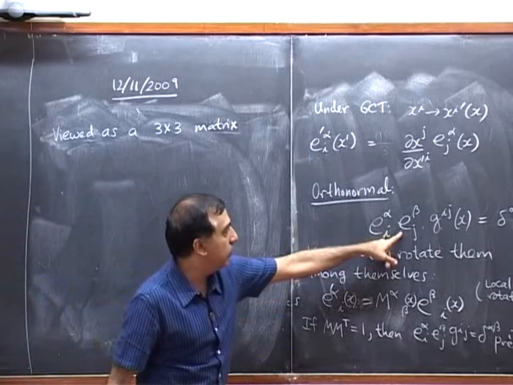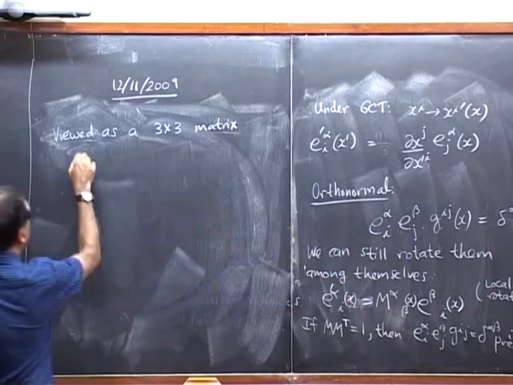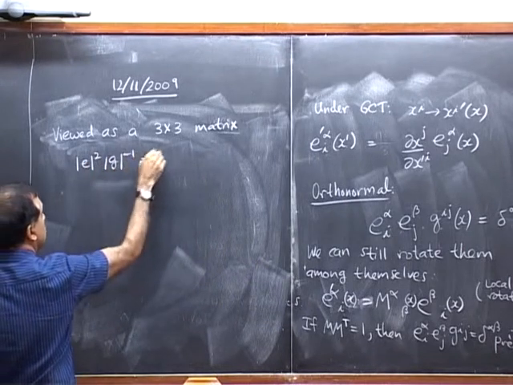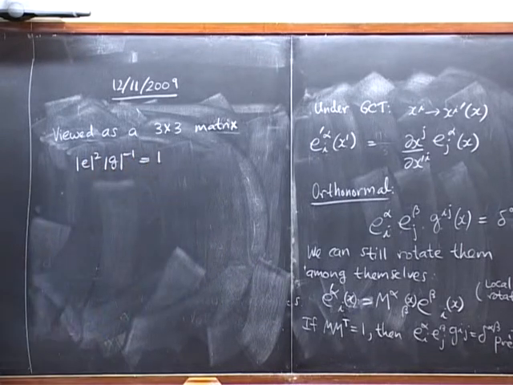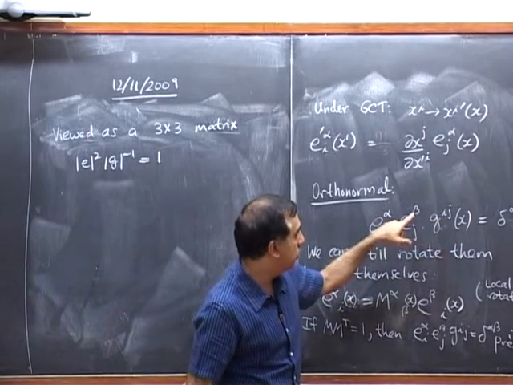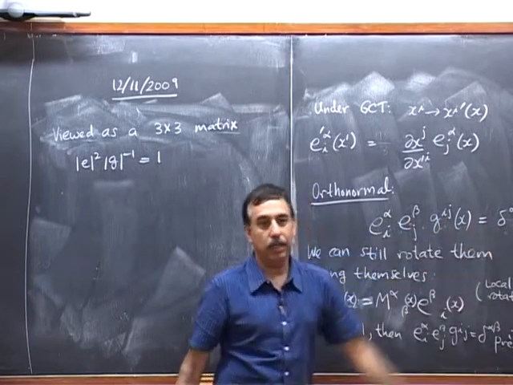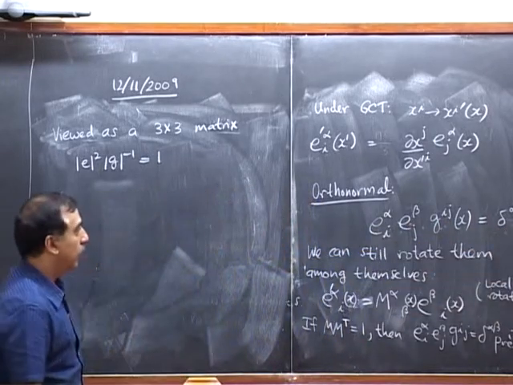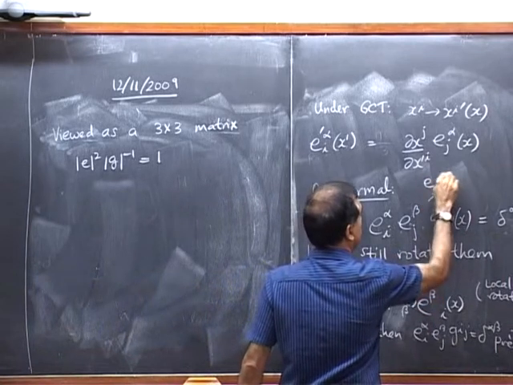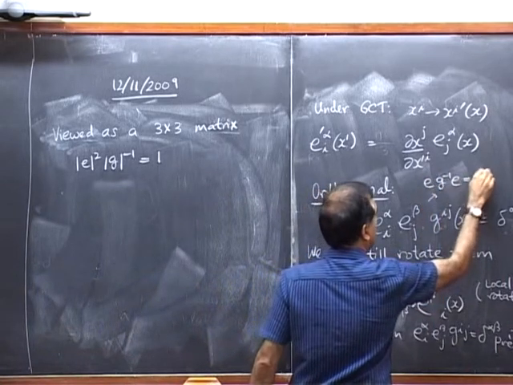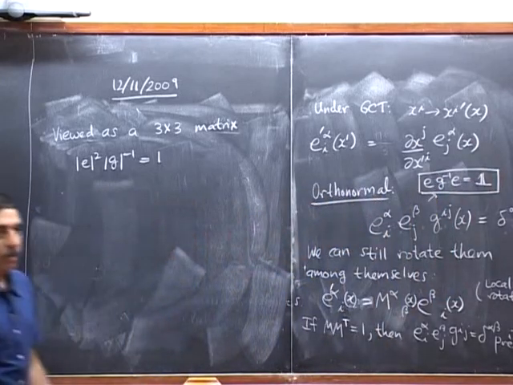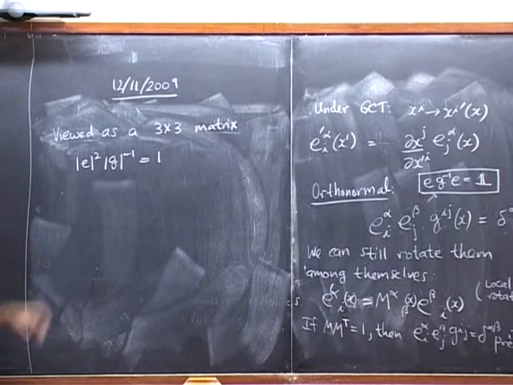This equation gives us some information. It says that determinant of E squared times determinant of G inverse is 1, because this equation is E G inverse E equals 1 in matrix language. Now take determinant of everything, you get this.